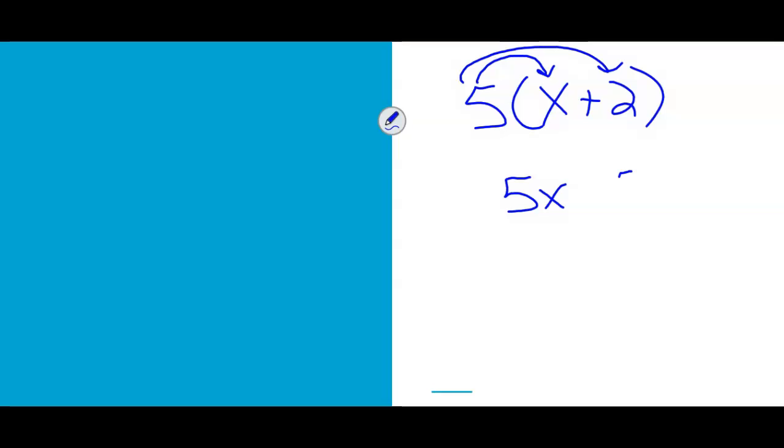5 gets distributed to 2. That's 5 times 2. What operation is going to go in between? Addition. Can I simplify this anymore? Yes, what can I do? There's another part of this that I can solve. Jordan.